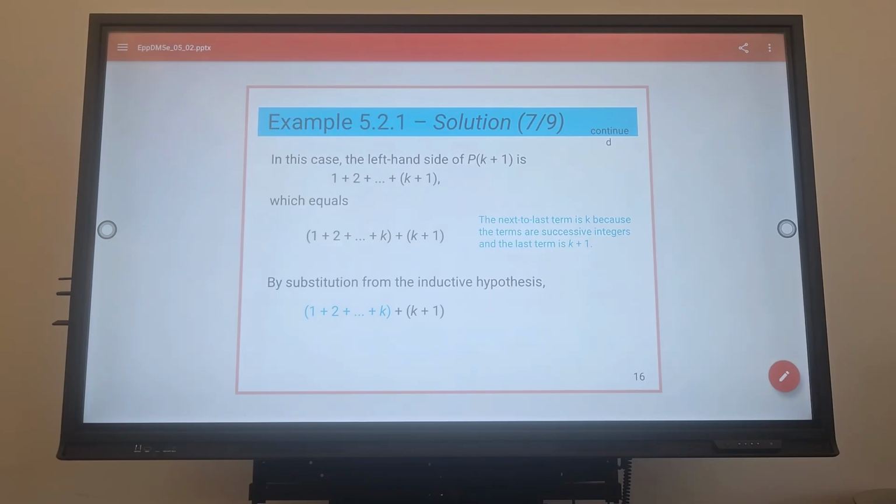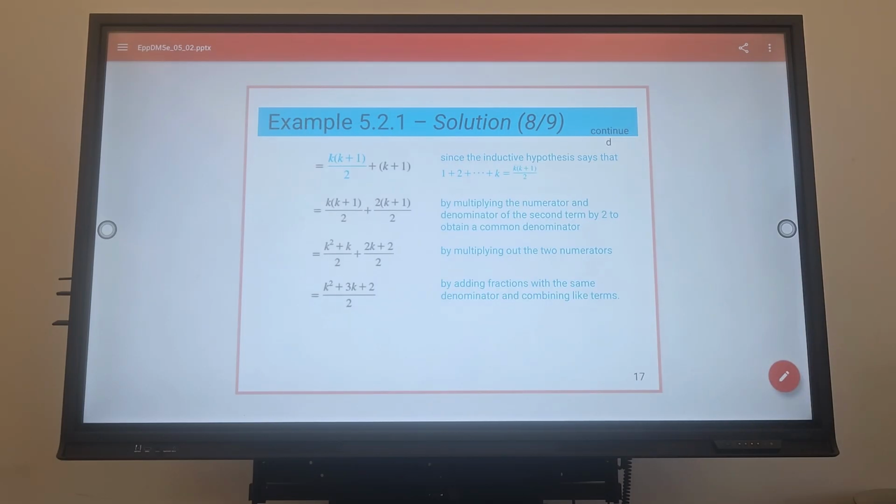By substitution from the inductive hypothesis, 1 plus 2 plus 3, etc., plus k is equal to k times (k plus 1) over 2. Since the inductive hypothesis says that 1 plus 2 plus 3, etc., to k is equal to k times (k plus 1) over 2.